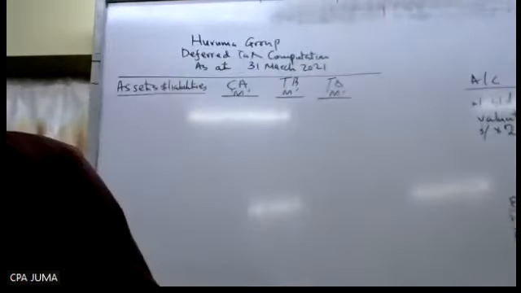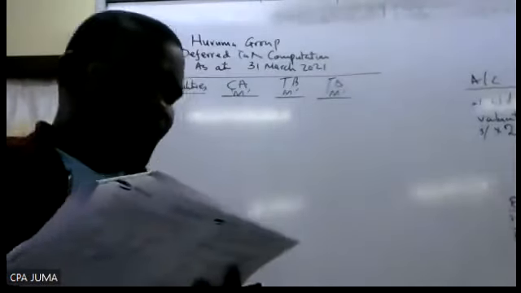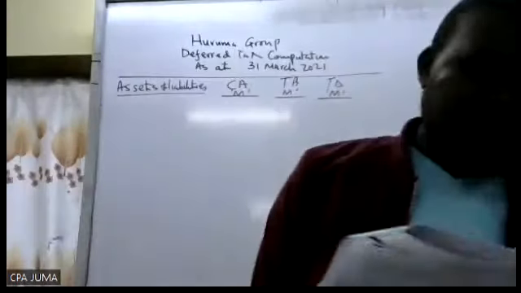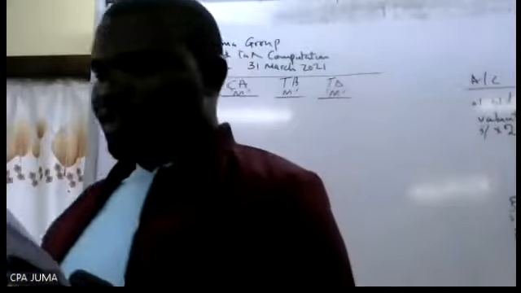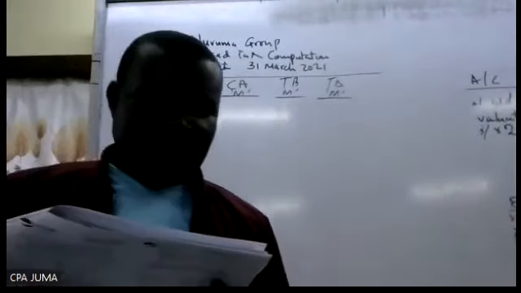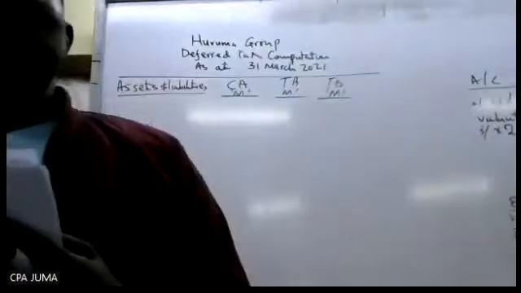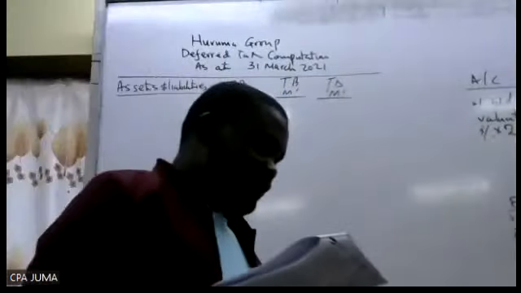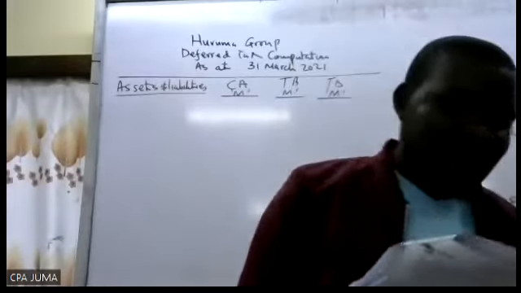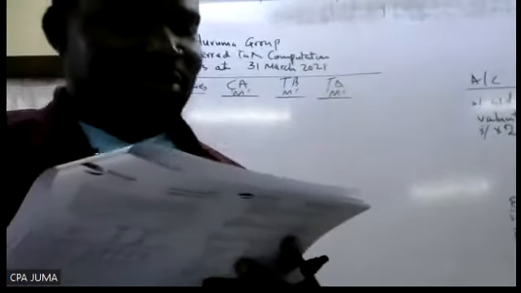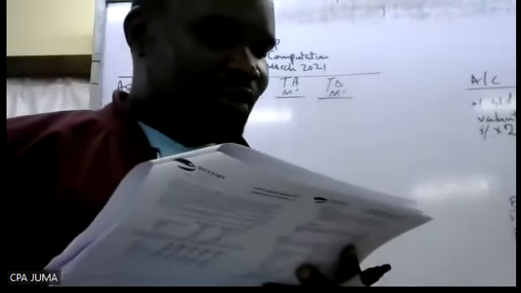One: Huruma Limited acquired a controlling interest in a subsidiary, Sukari Limited, on 1st July 2020. The fair value of the assets and liabilities acquired were considered to be equal to their carrying amounts, with the exception of freehold property, which had a fair value of 256 million and a tax base of 248 million. The directors of Huruma have no intention of selling their property.